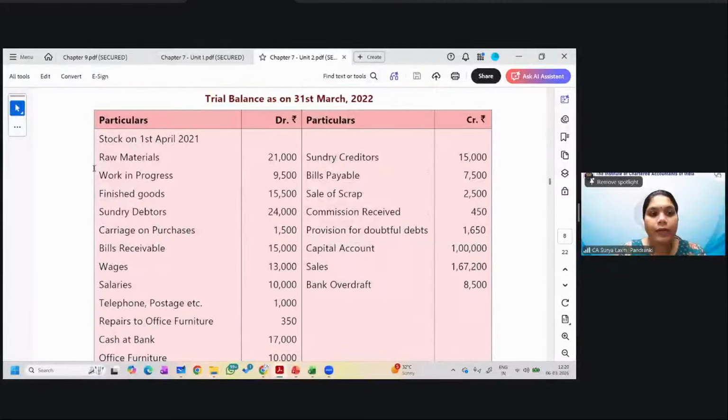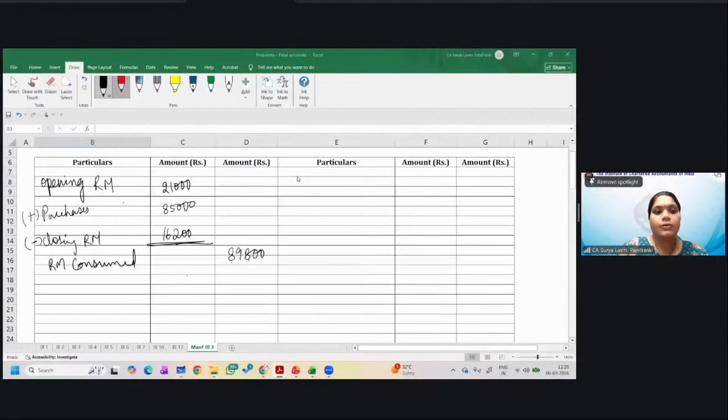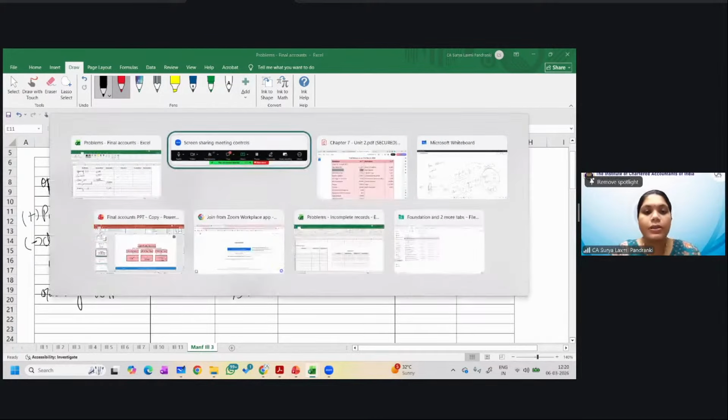Now, we also have WIP, right? Let us also take that work in progress. Opening WIP. How much is the opening WIP? 9,500. Where will closing WIP come? Closing WIP. How much is the closing WIP?